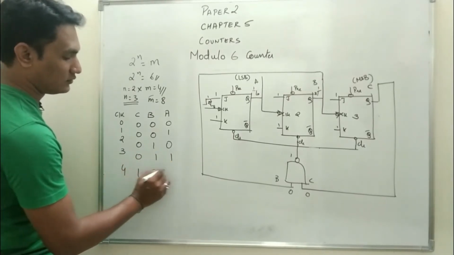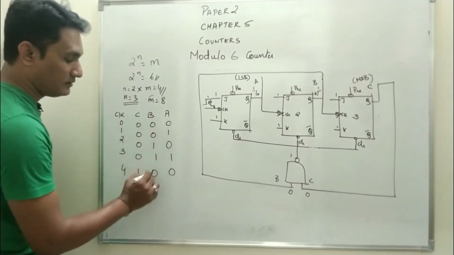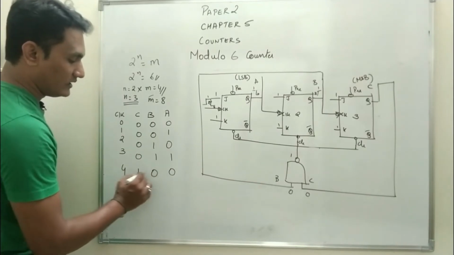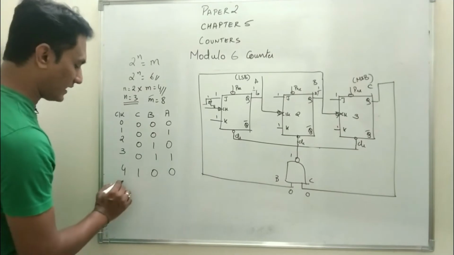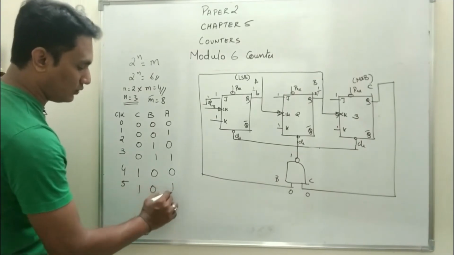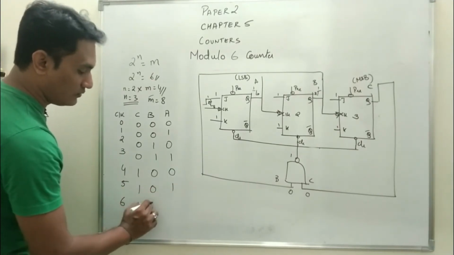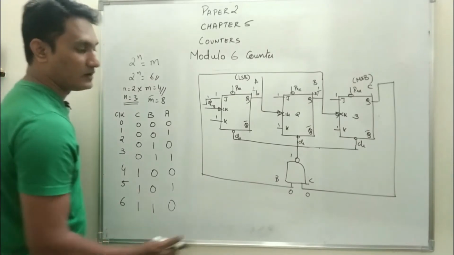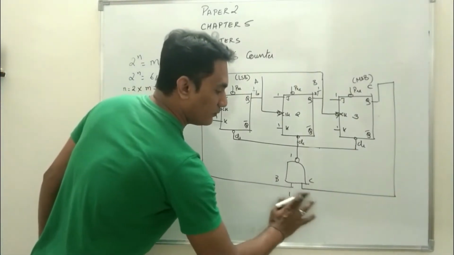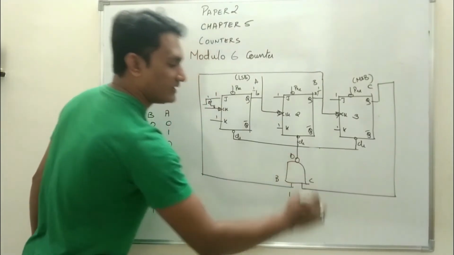Fourth: 1, 0, 0. Now C has become 1, B is now 0. If any one of the inputs is 0, the output of the NAND gate is 1, and the clear terminals are deactivated. Fifth: 1, 0, 1. Sixth: 1, 1, 0. At this point both the inputs become 1. So B and C are both 1, and the output of the NAND gate will become 0.